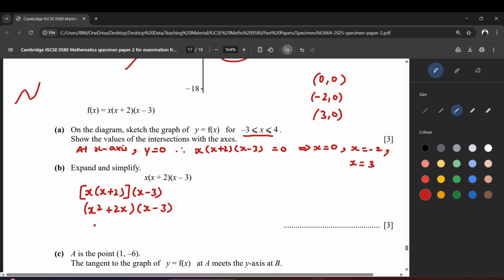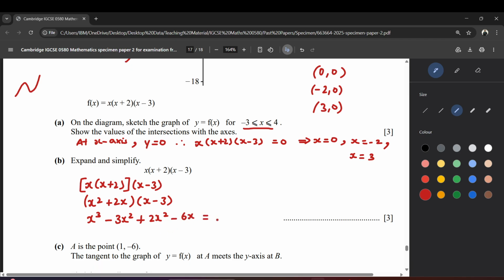So x squared times x, which is x cubed, minus 3x squared, plus 2x times x is 2x squared, and 2x times minus 3 is minus 6x. Therefore, this becomes x cubed minus 3x squared plus 2x squared, that is minus x squared, minus 6x.